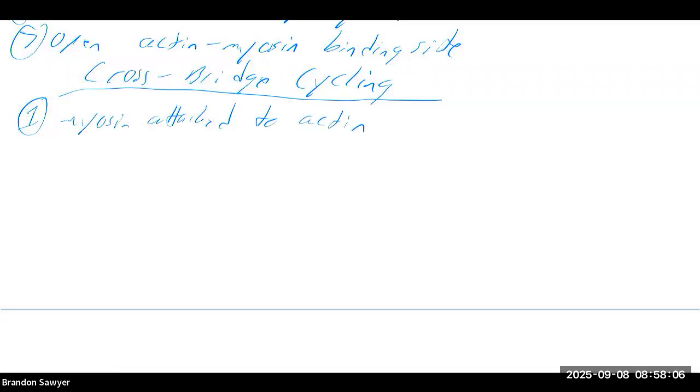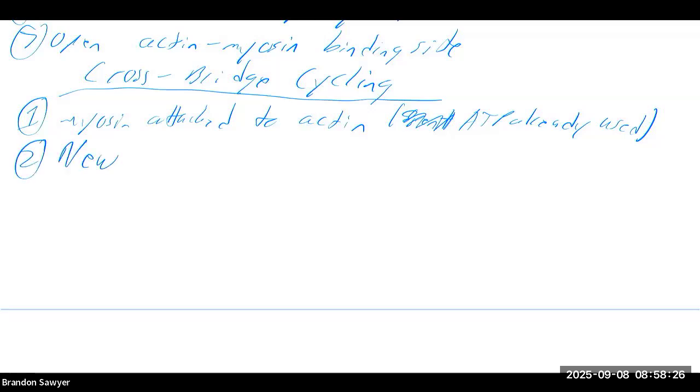We'll say the ATP on it is already spent. So the next step in the cycle is that a new ATP comes.